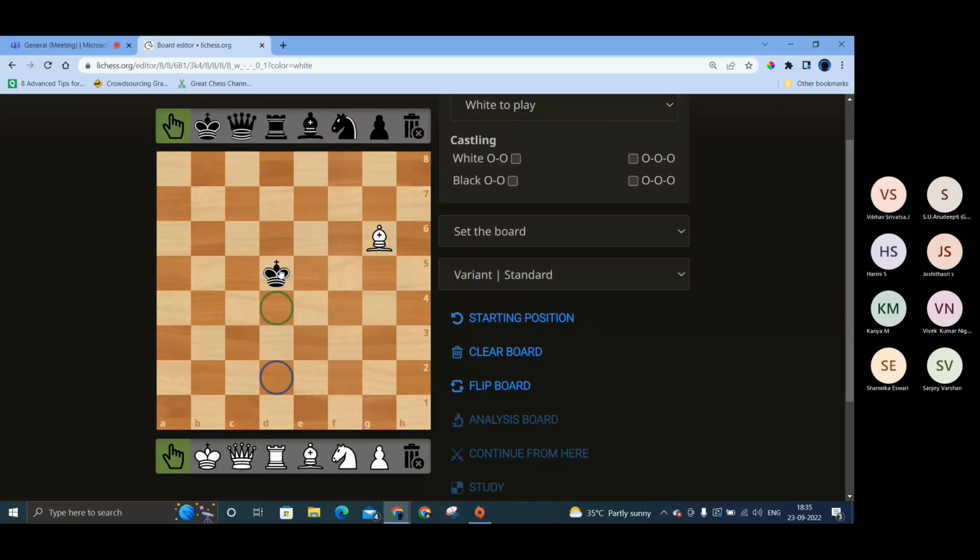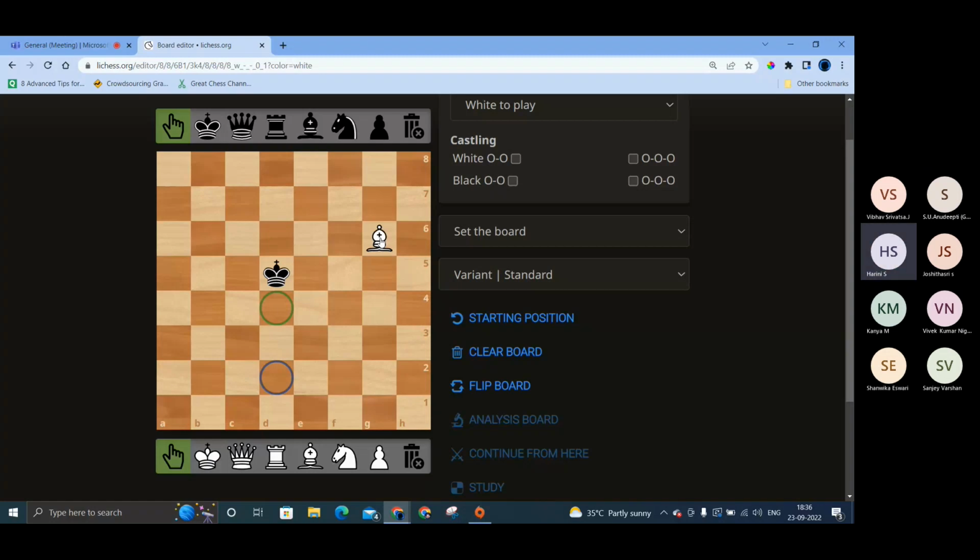E5. E5 is a dark square. This is a light square bishop. Check. Put your hands properly on the screen and tell which square that is.